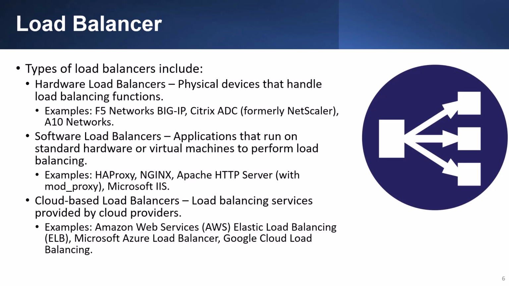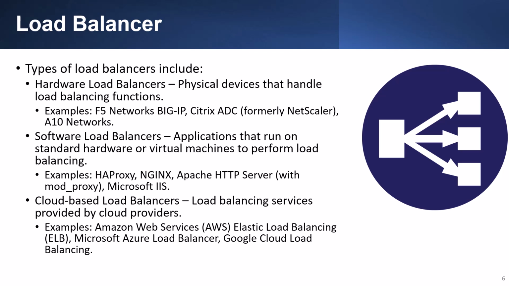Types of load balancers include hardware load balancers, which are physical devices that handle load balancing functions. Examples would be the F5 Networks BIG-IP, Citrix ADC, formerly known as NetScaler, and A10 Networks. Software load balancers are applications that run on standard hardware or virtual machines to perform load balancing.